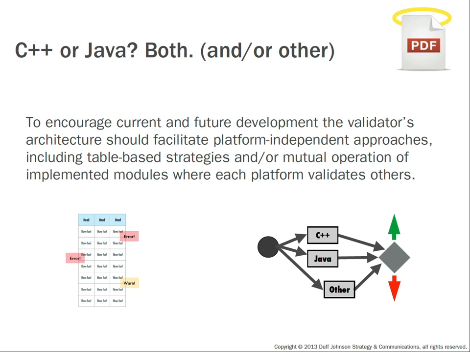A second approach would be to architect the thing such that it was designed from the outset so that for any given module in any given platform, C++ for example, you would also have the facility to develop an equivalent module using a different platform, and then have those two modules, as it were, fight it out.